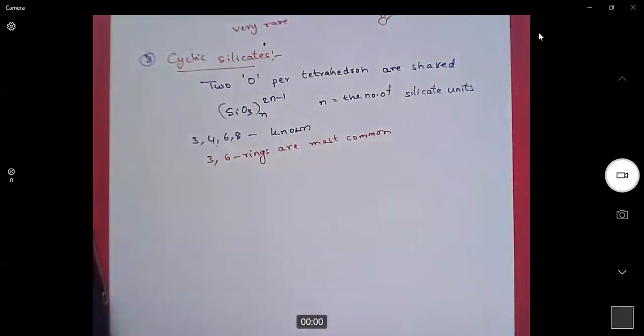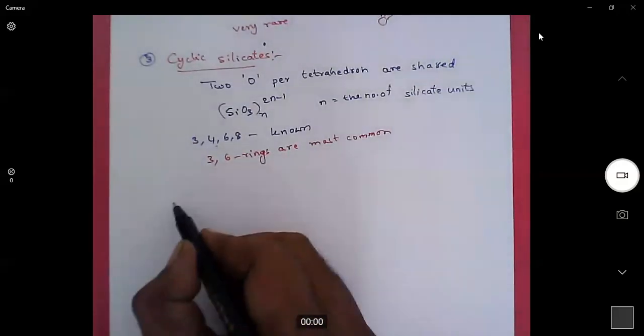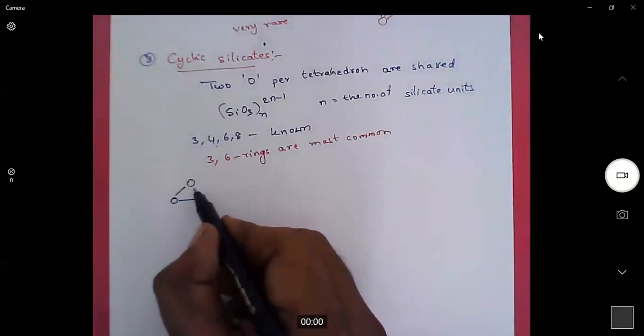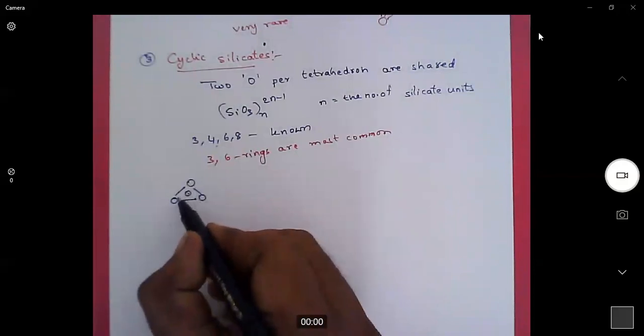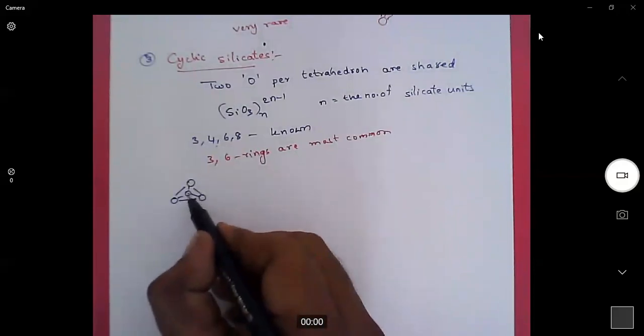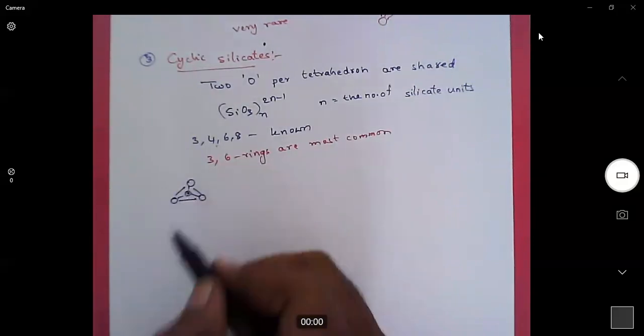I will try to draw the 3-membered and 6-membered ring silicates. This is one silicate where we have 4 oxygens, and at the center, the dot represents silicon.